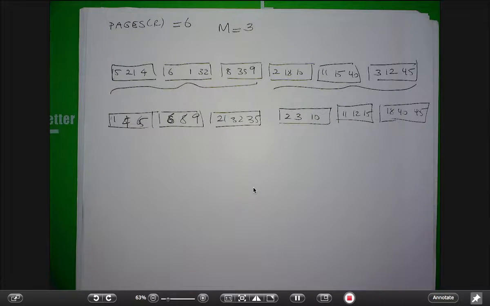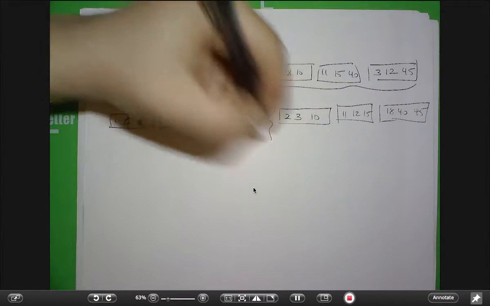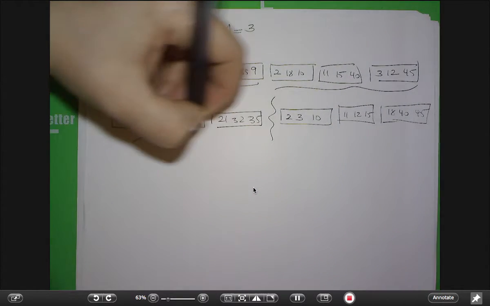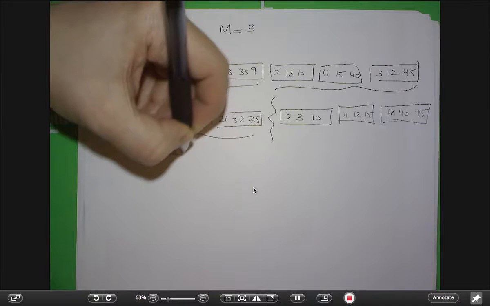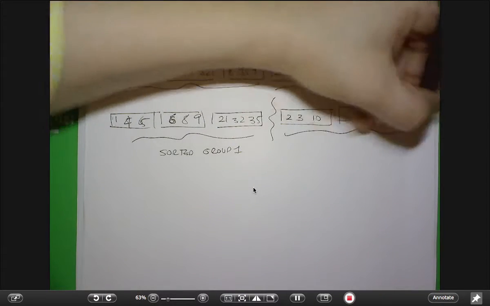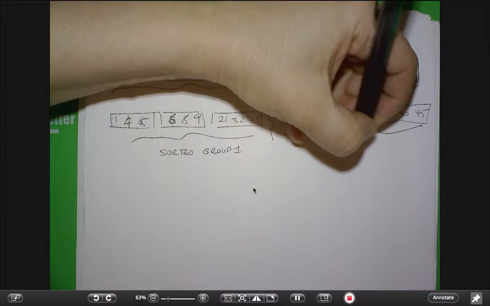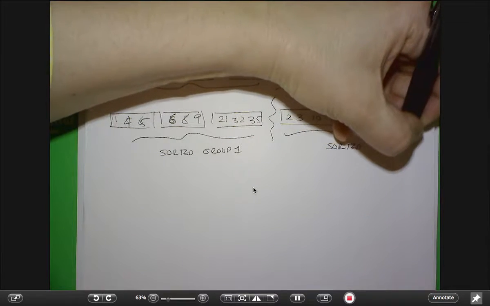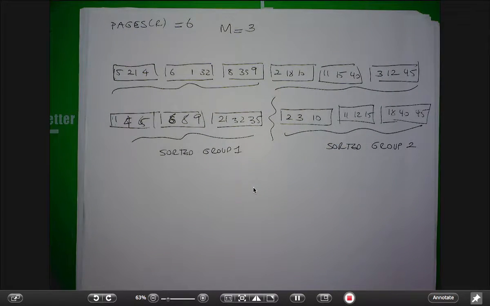But I know that these 3 are sorted among themselves, and these 3 are sorted among themselves. So I'm going to call them sorted groups, right? I basically have 2 sorted groups. Even though it is 6 pages, this is sorted and this is sorted.